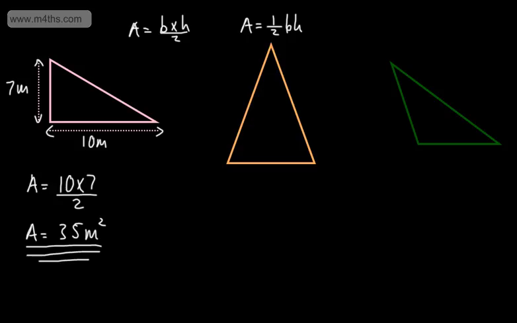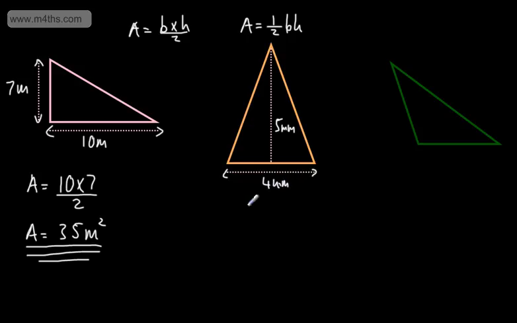If I look at the next one, I can use this formula if I've got a base and a perpendicular height. So the perpendicular height would be here, or we could draw it to the side, and then we would have the base. If we had the slant height, we could use Pythagoras, but in terms of this, straightforward, let's say that the height is 5 millimeters and the base is 4 millimeters.